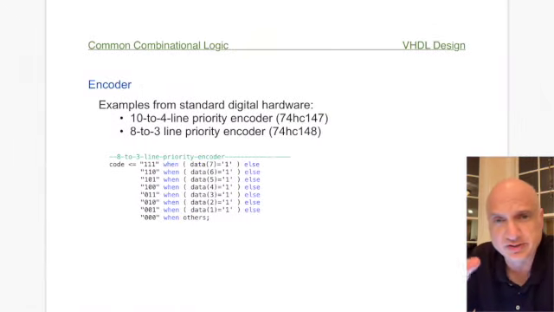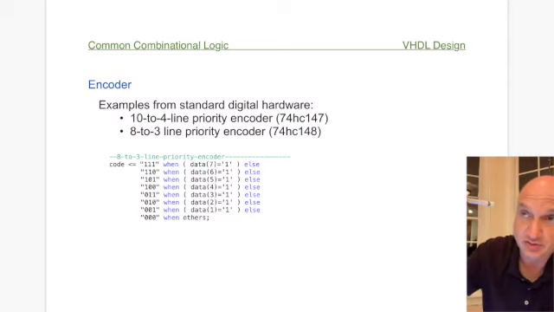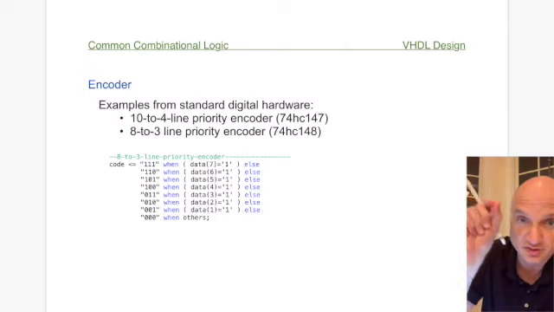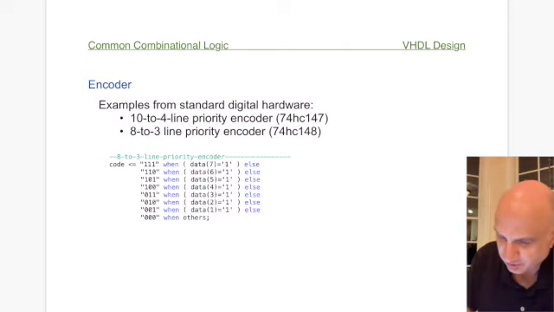Now, an encoder is different than a decoder because in a decoder, we're taking a code and we're activating a particular line. The opposite is true with an encoder. In an encoder, you're basically looking at a particular bit, and then that generates the code. So it's the reverse. So let's draw a quick block diagram here of an encoder.